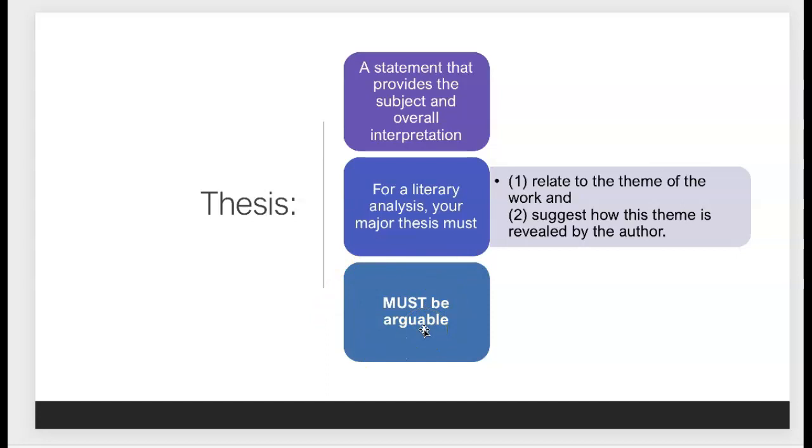It shouldn't be something super obvious. For example, "Agatha Christie uses imagery in her novel." Well, that's not really up for debate because it's true, right? You want to be more specific and more detailed in your thesis statement.